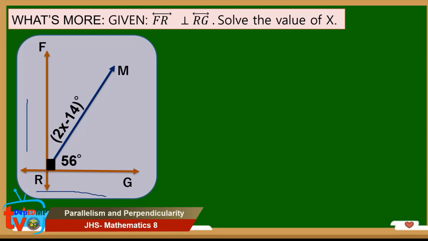What does perpendicular mean? You're right. Perpendicular means being at right angle, and at the same time, it forms 90 degrees. If the two angles form 90 degrees, what is the equation to be formed? Nice try.